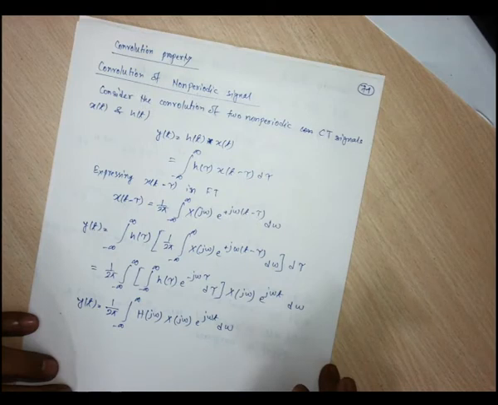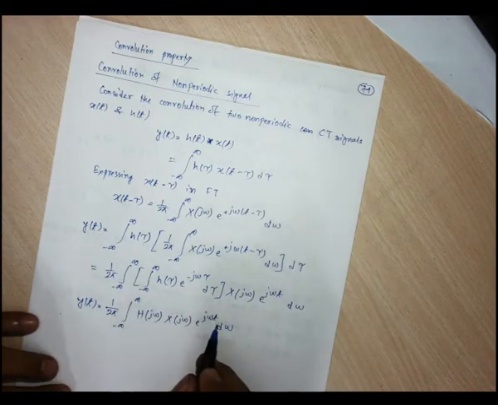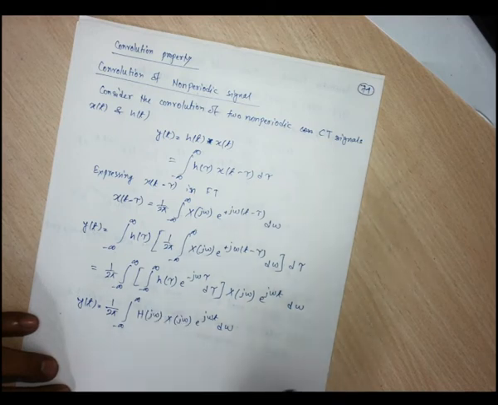So this inner integral is the Fourier transform of h of tau. So this h of j omega and x of j omega, this is the same as the Fourier transform of y of t. Okay, right?